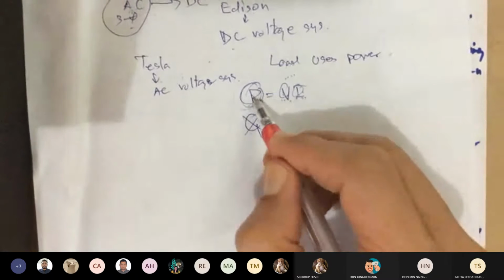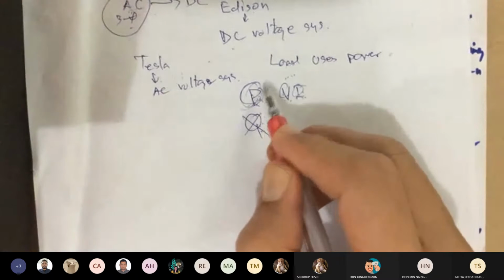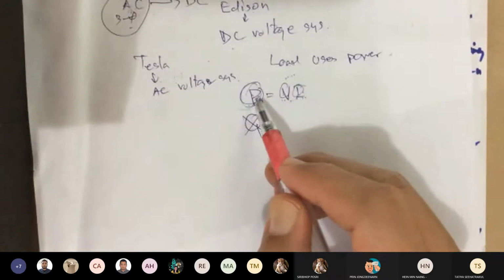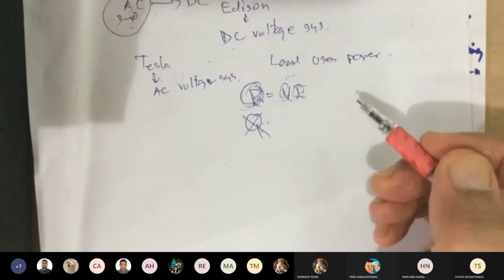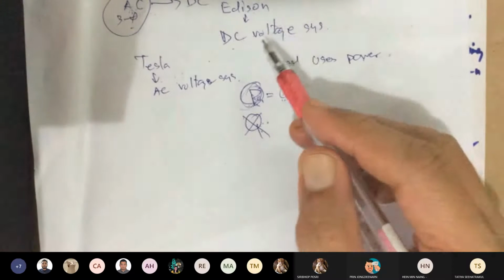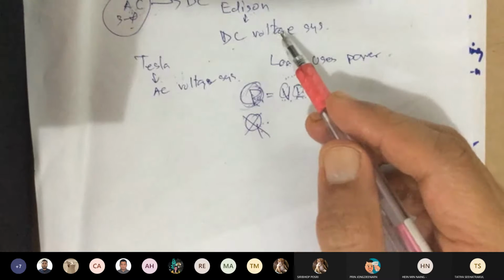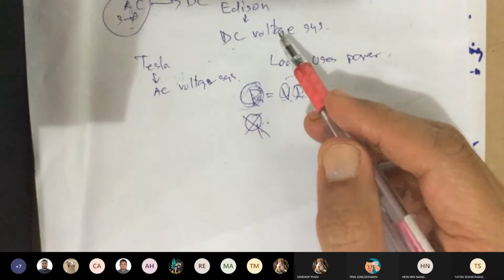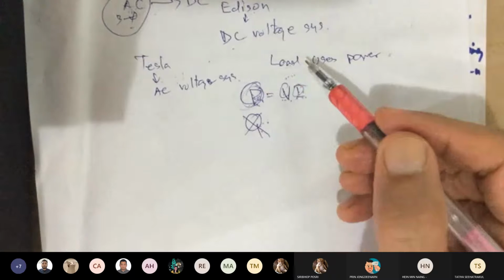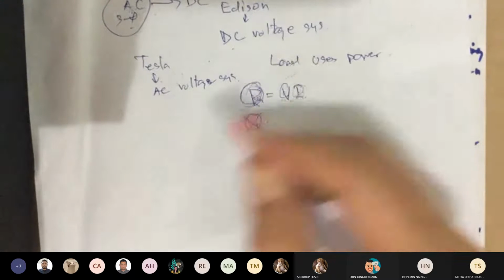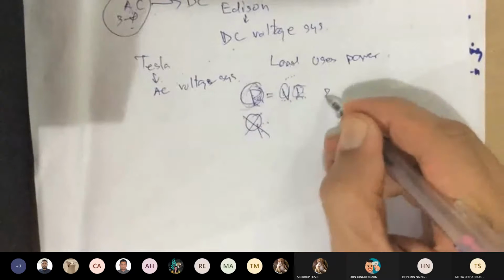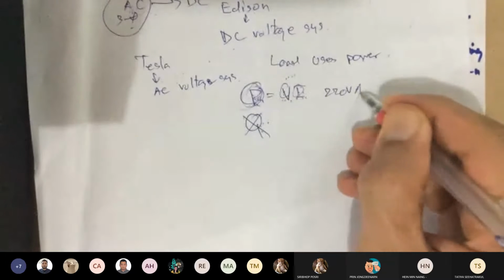Now, back to our story. That means when you have power, you don't use either V or I, you use the product of both. Now, as you notice, if you're using electrical equipment in Thailand, all the ratings would be 220 volt AC, right?